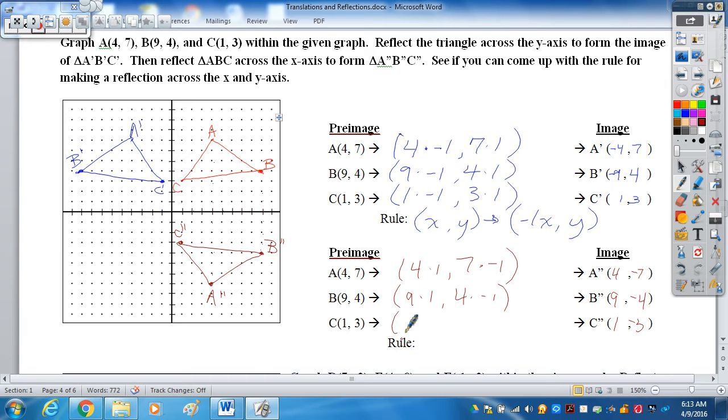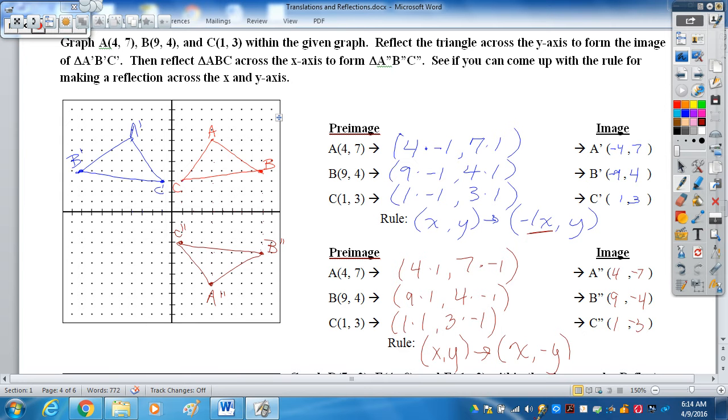And the same thing with the last one. So the rule that we're looking at here, the preimage, how does it change? Well, this time instead of the x value becoming the negative like it did when we're flipping across the y-axis, this time the y value became negative, okay?